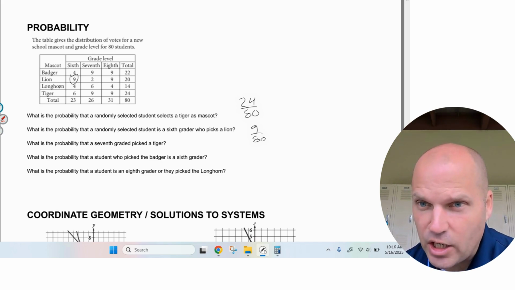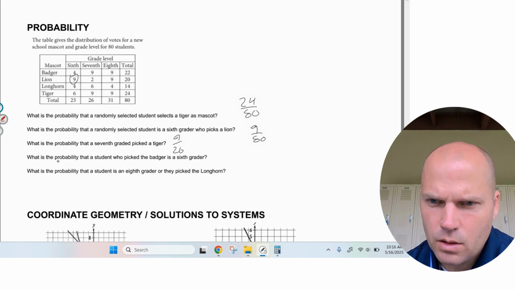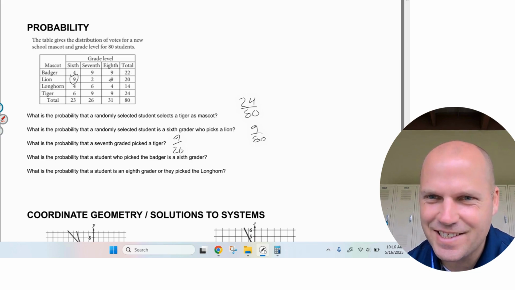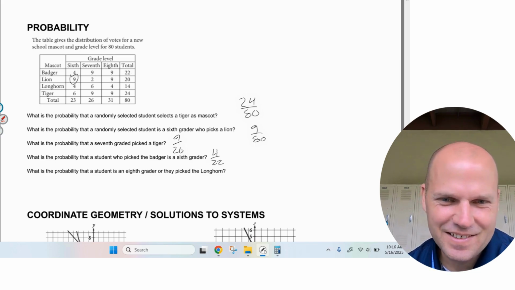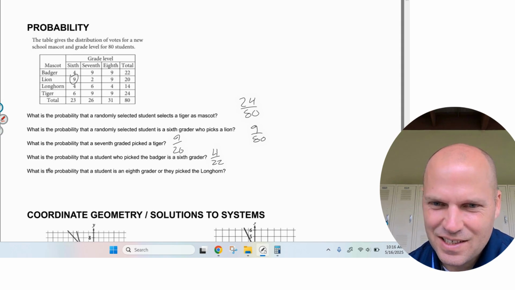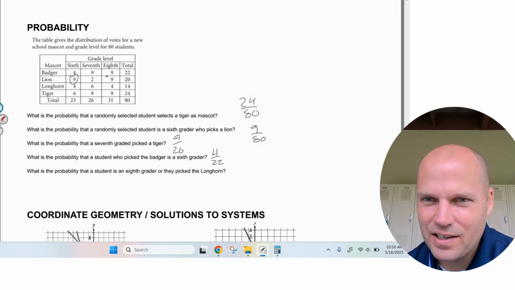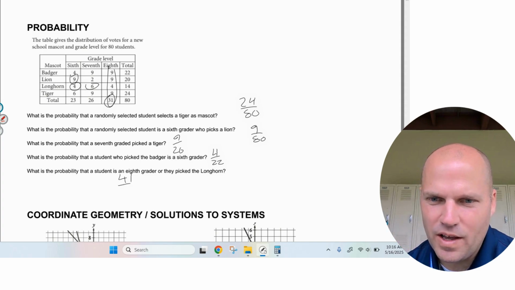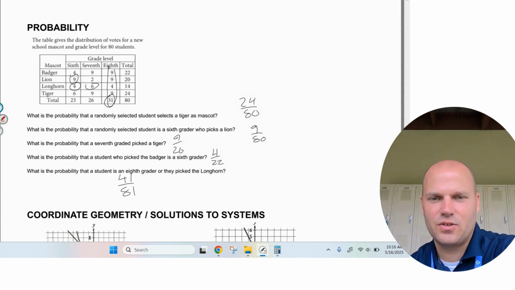That a seventh grader picked a tiger. 9 out of 26. Student picked a badger. This is the sixth grade. Is an eighth grader, or they picked a longhorn. 41 out of 80. Gosh, I love these questions. Those are just so fun.